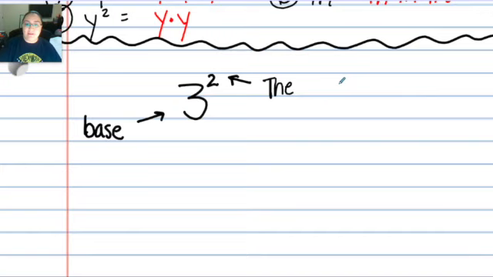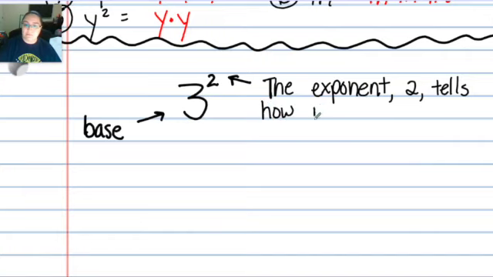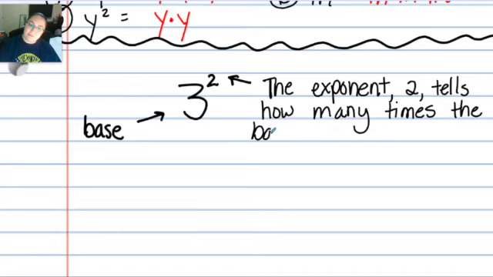The exponent 2 tells how many times the base 3 is used as a factor.